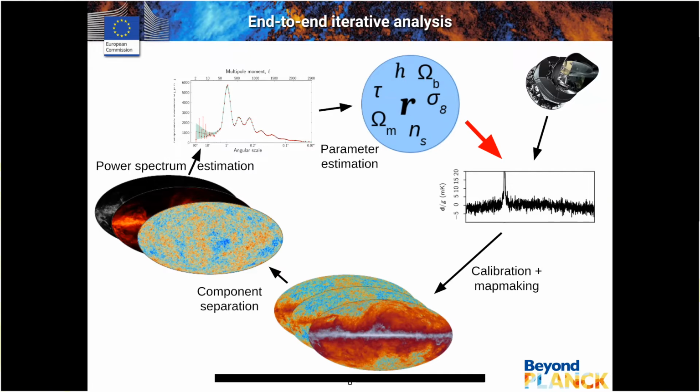But in our case, we have built this entire iterative loop where all of the results of the various steps are fed back and fed forward into all of the other various steps in the loop. And if you run this a large number of times, you end up exploring the full posterior distribution of all of these parameters. And so that's sort of where the idea behind the BeyondPlanck pipeline comes from.